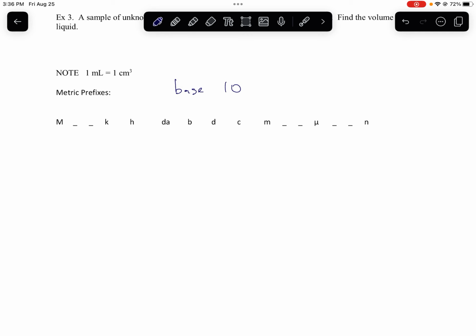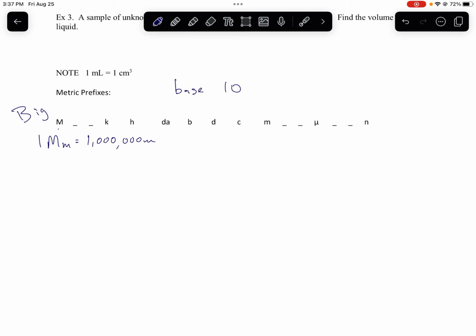Over here on the left-hand side, I've got these big things. I've got mega here, so think of a megameter. 1 megameter is going to be the equivalent of 1 million meters. So a megameter is very large.